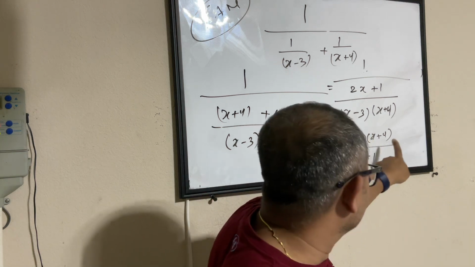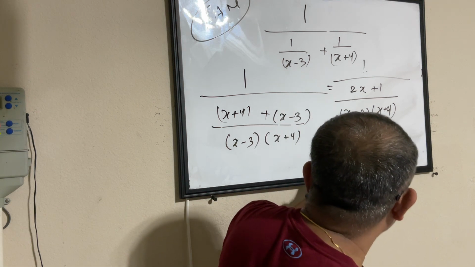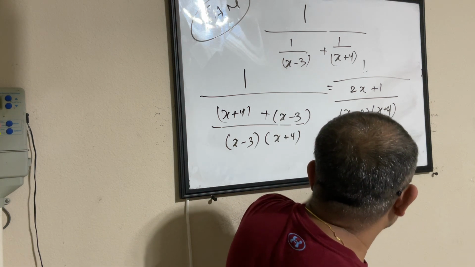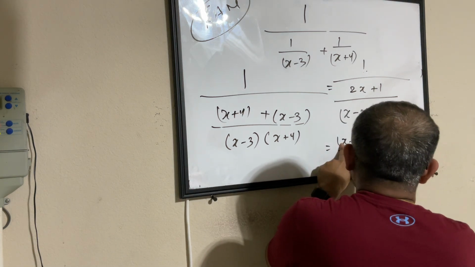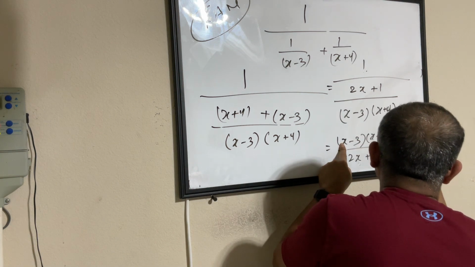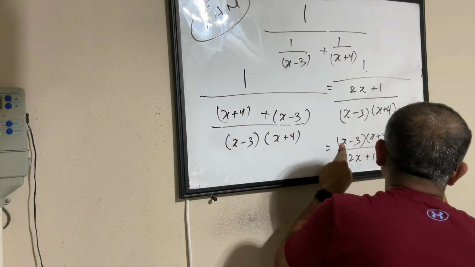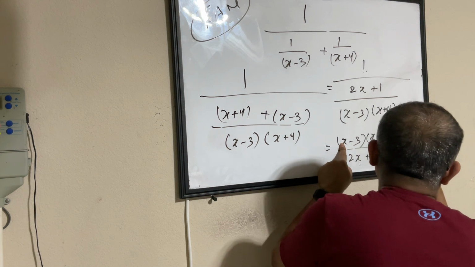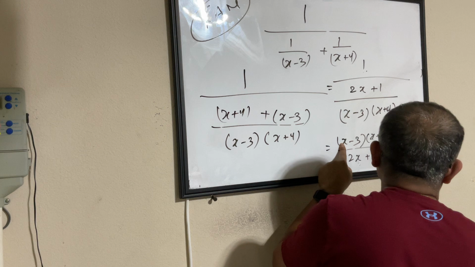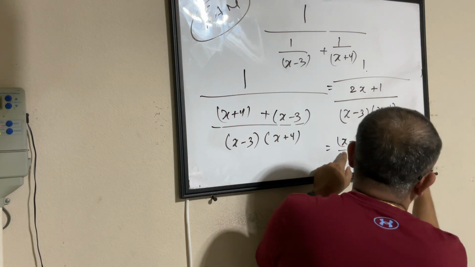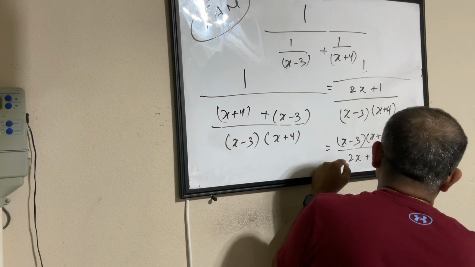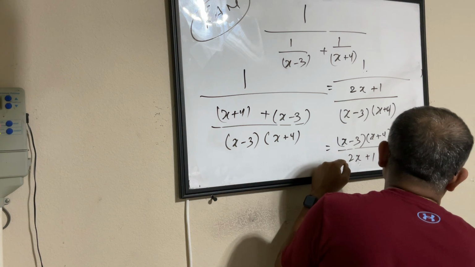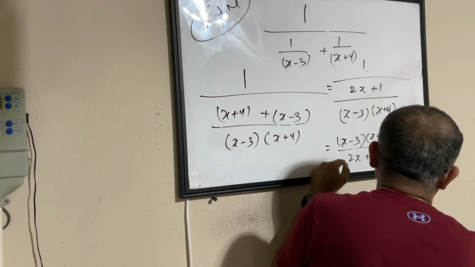Now when you expand this, it becomes x squared plus 4x minus 3x minus 12 divided by 2x plus 1. 4x minus 3x is x. So x squared plus x minus 12 divided by 2x plus 1.